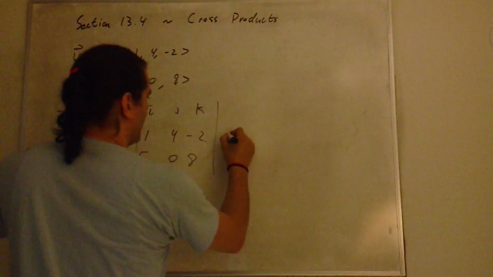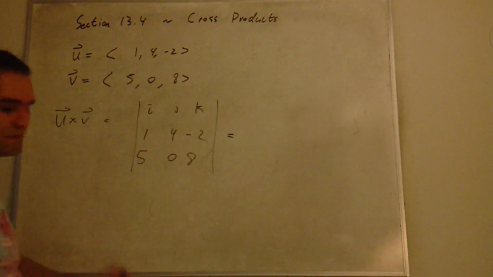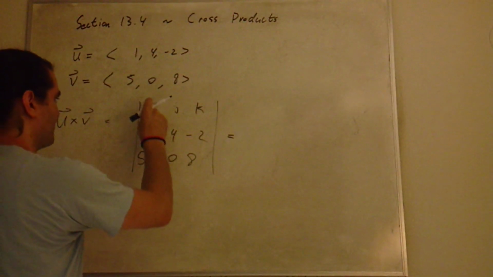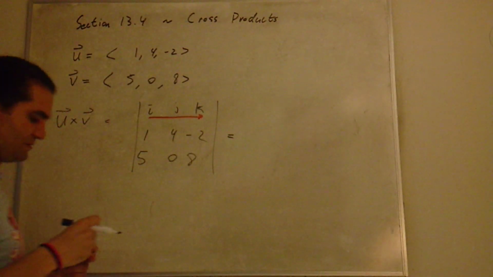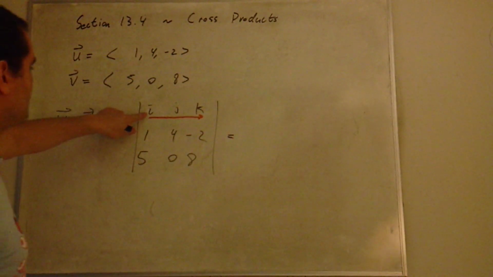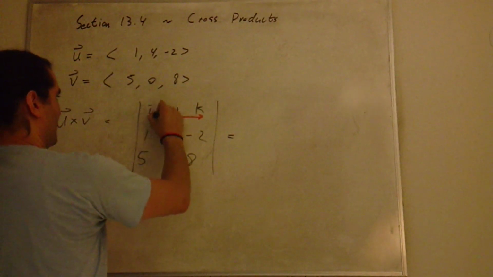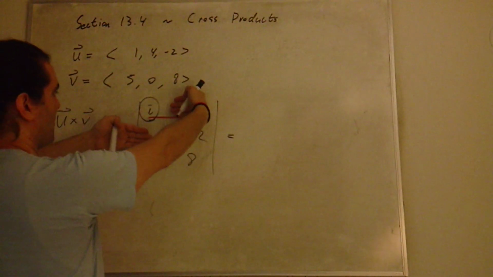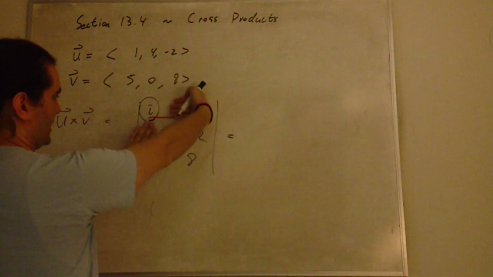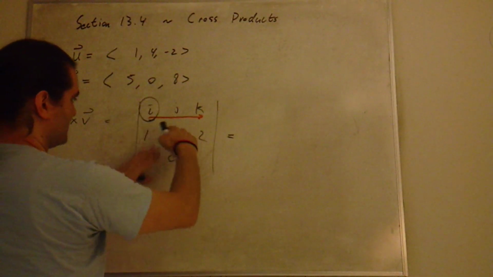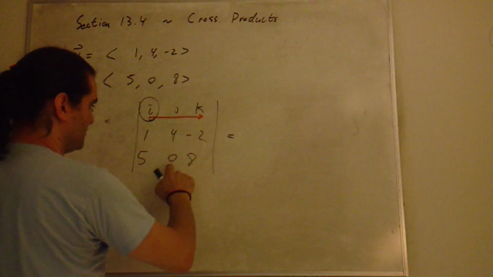And we can get that here by finding the determinant. The determinant basically means we're going to expand across the top row. Expanding across this top row means you take this first thing, the I, and pretend that the row and column that contains I don't actually exist. So when you're doing the I piece, all you're looking at is the 4, the 2, the 0, and the 8.